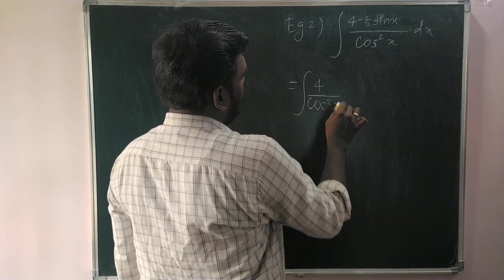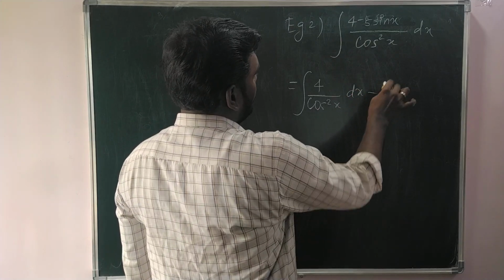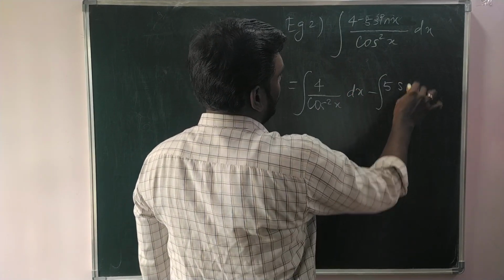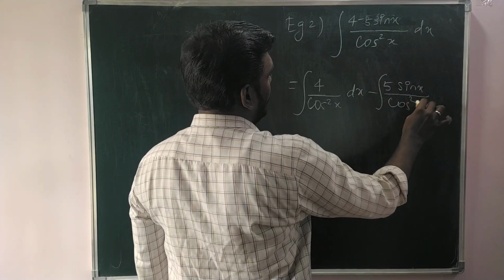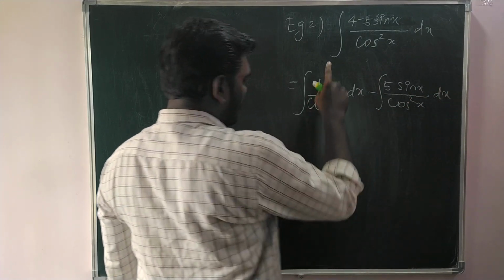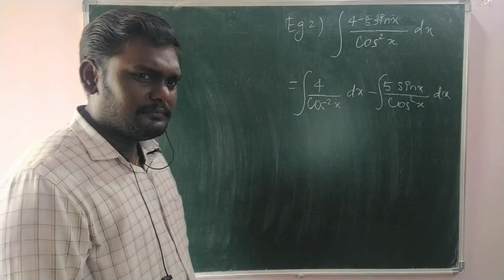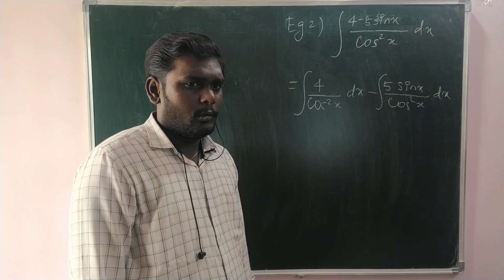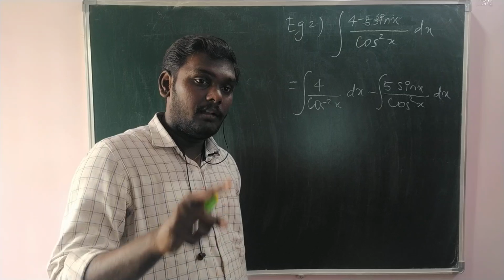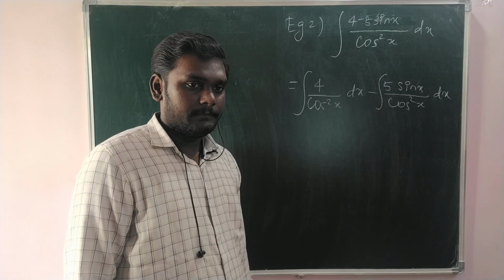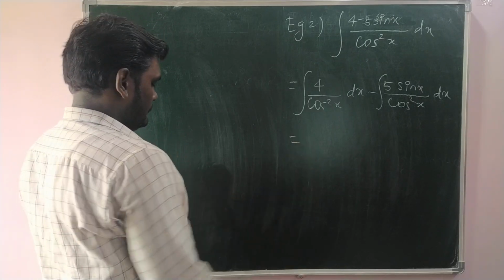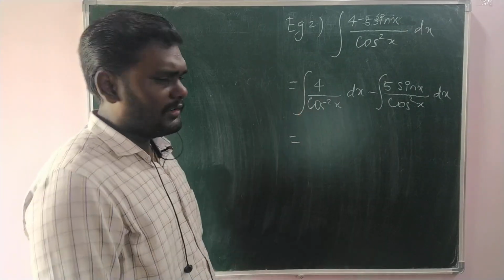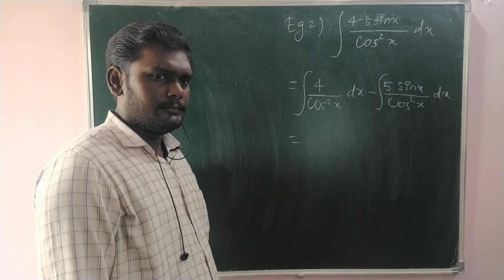4 by cos squared x dx minus 5 sin x by cos squared x dx, using the f of x plus g of x rule. Now, do we have a formula for 1 by cos squared x? No, but we do have a formula for secant squared x. What is 1 by cos squared x? Yes, but we have a constant in the numerator.